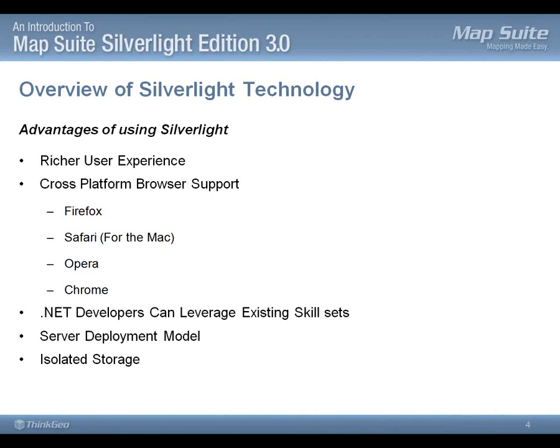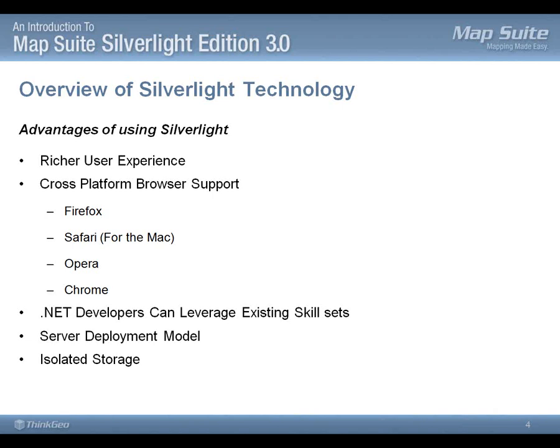The other big advantage is cross-platform browser support. If you've developed a lot of web applications, you probably have come across, well, it works in IE, but it doesn't work in Firefox, or it doesn't work on the Mac on Safari. And now we've got other browsers coming to market like Chrome, and of course Opera's been out there for many years. And it's always been a big challenge to get your applications to work well in all of these different browsers.